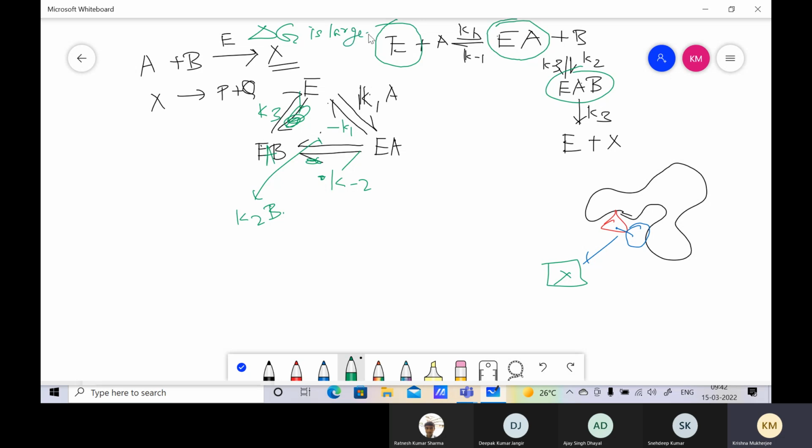Now can you tell me what is E? So what are the things that we will get? What are the three? This is the basic master diagram. Notice this reverse is missing. So we have this, but only this. So tell me what is E, tell me what is EAB, and what is EA.